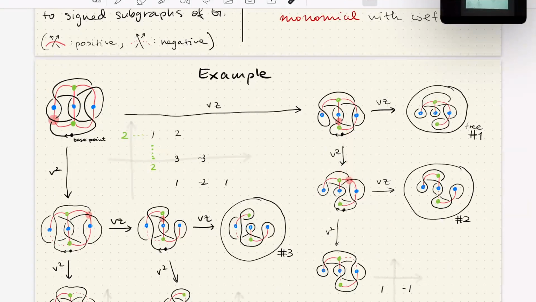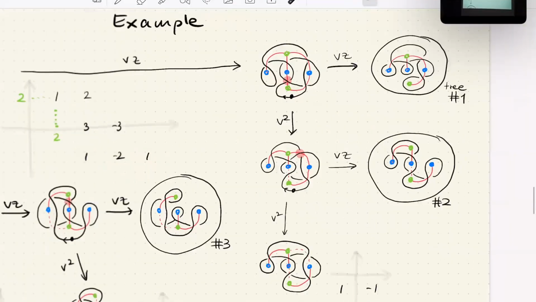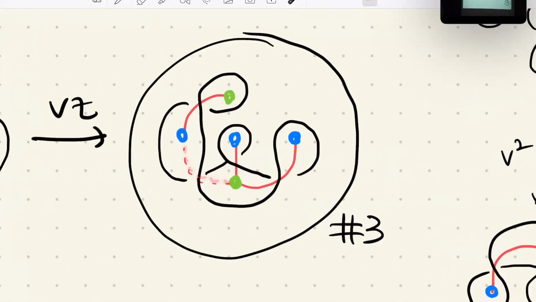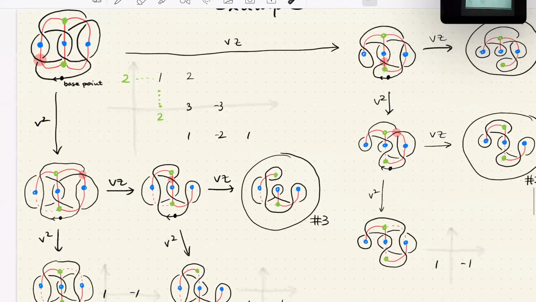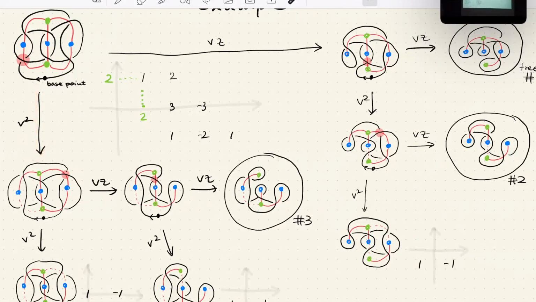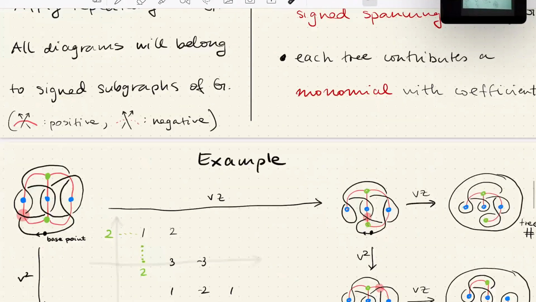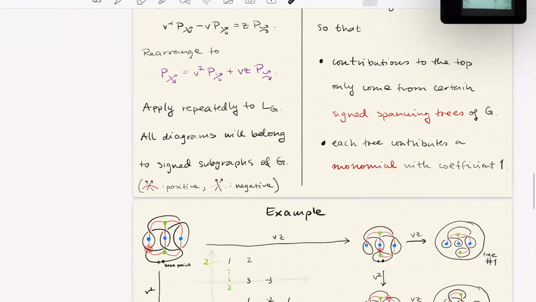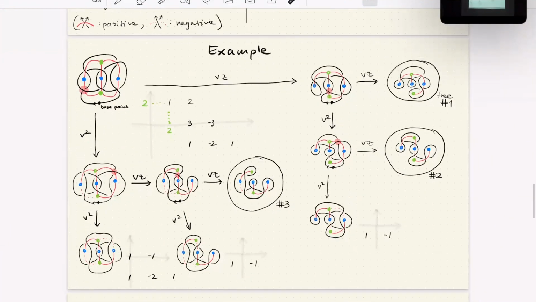So the tree remembers that by having this decorated edge, the negative edge. The same way for the third tree, it has 1 decorated edge corresponding to this very first step where a crossing change happened. That way you get signed trees. They each contribute a monomial with coefficient 1, and those contributions make up the top.